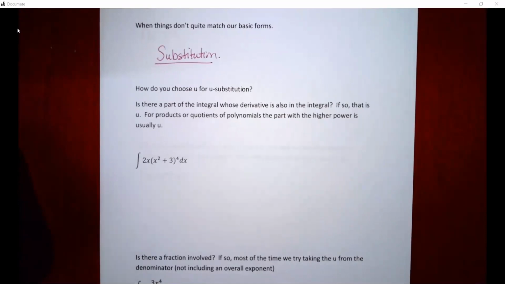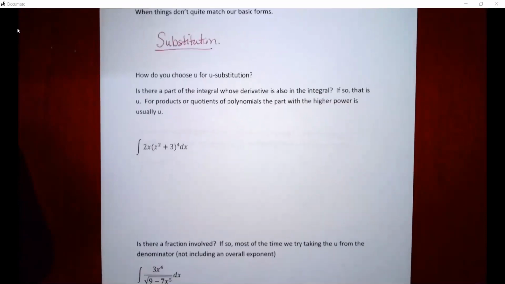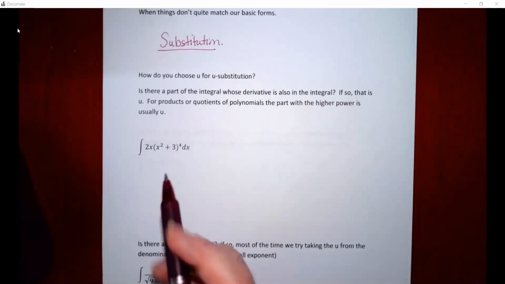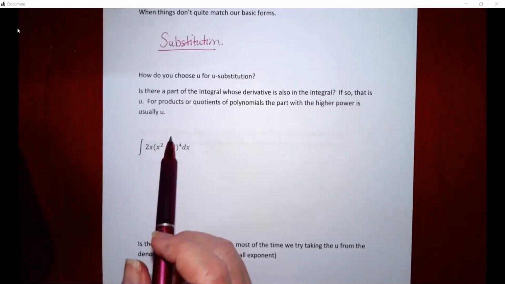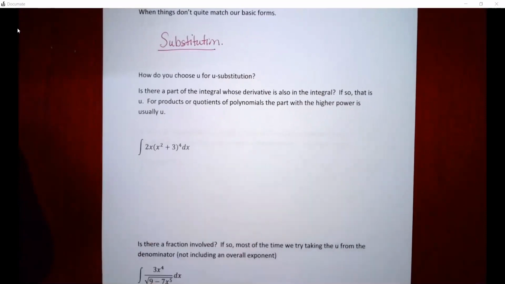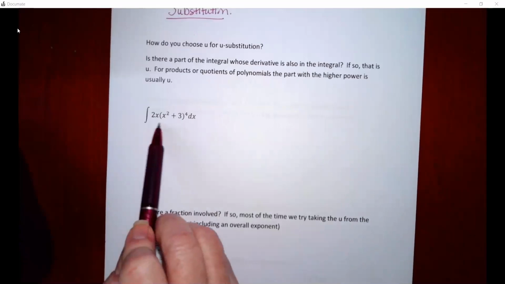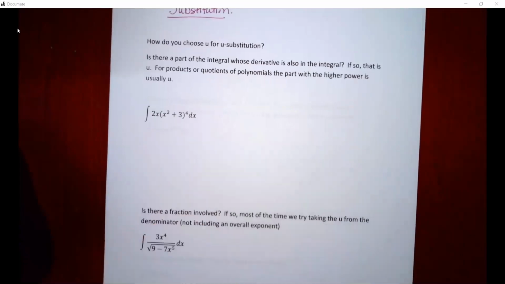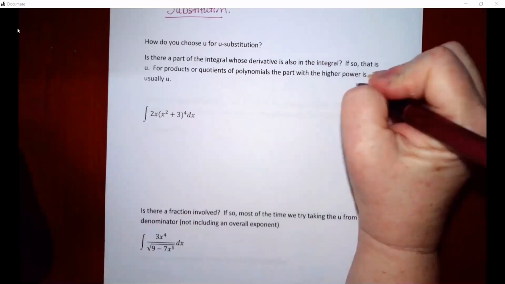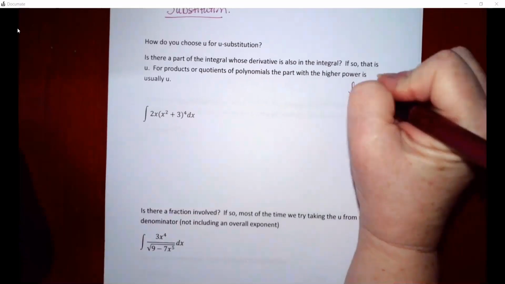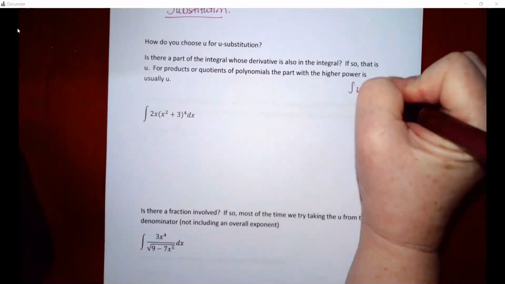So, for example, if you have a function where part of it is the derivative of the other part, that's typically what we choose for a substitution U. So what we're going to do is look at this and go, okay, this looks most closely related to, out of those 17 things that we know how to integrate, something like U to the m du.